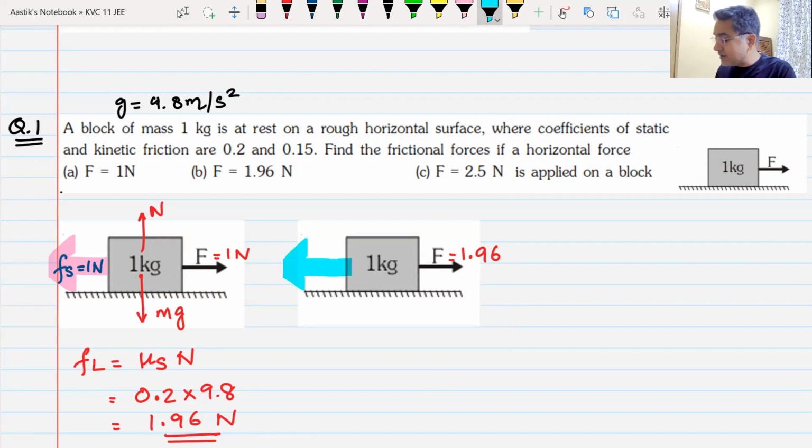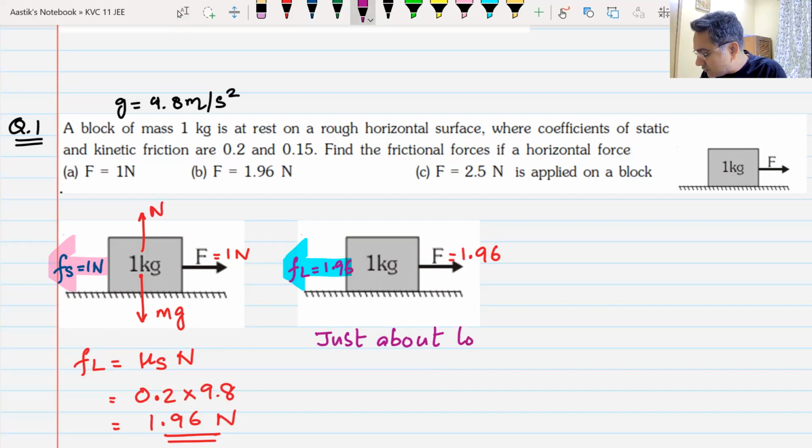The friction would be reaching its maximum value here and it would become equal to FL, and this FL is 1.96 newtons as well. We will say that here the motion is just about to start, because the value of friction has reached its maximum value and it cannot increase any further.